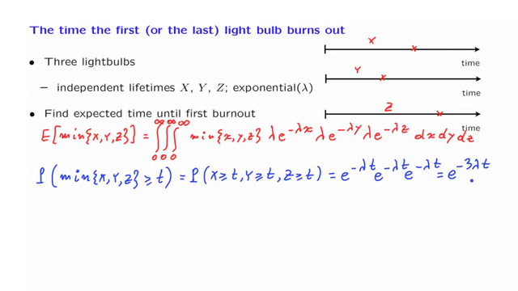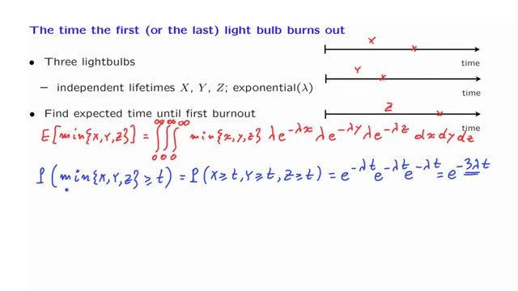Now we look at this expression for the probability that our random variable is larger than or equal to t and recognize that this is the expression that we have when we have an exponential random variable with parameter equal to 3 lambda. If you want to do it formally, subtract this quantity from 1 to find the CDF, take the derivative, and you will find an exponential PDF.